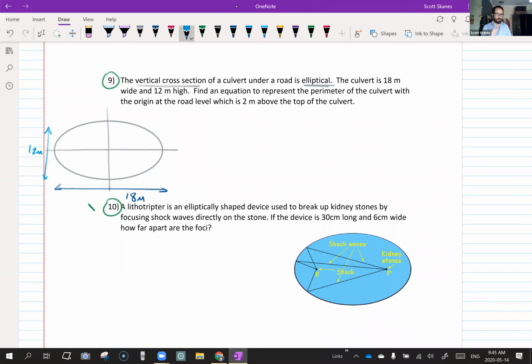I know a lot of special points on this. Maybe I need them, maybe I don't. Let's see. Find an equation to represent the perimeter of the culvert. Find an equation of the ellipse, with the origin at the road level, which is 2 meters above the top of the culvert. This is unimportant information.